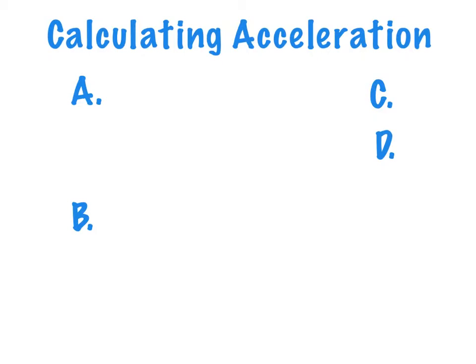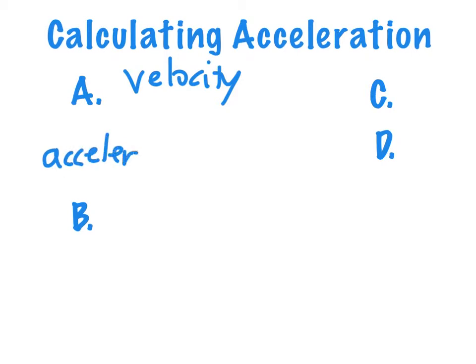Now we're going to talk about calculating acceleration, and I'm going to give you some formulas. So first it says acceleration is the change in velocity over time. And we're going to write the formula for this below. So you should write this underneath letter A: acceleration equals the change in velocity, we write change with a triangle, v, over the time.